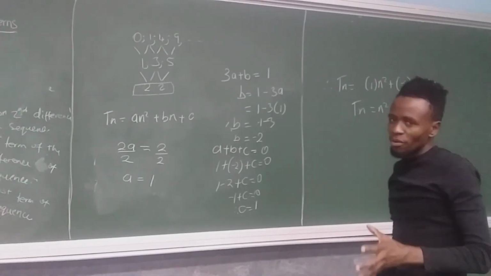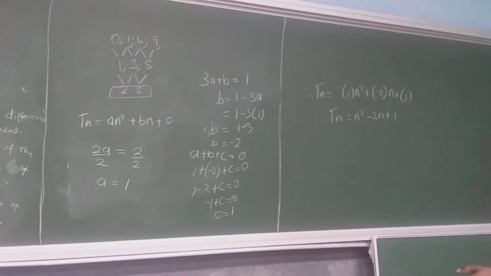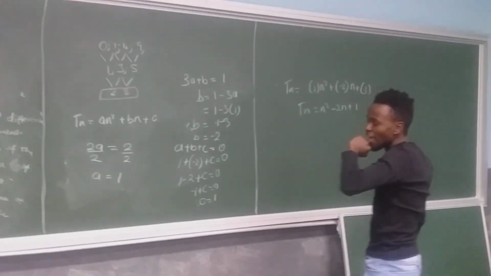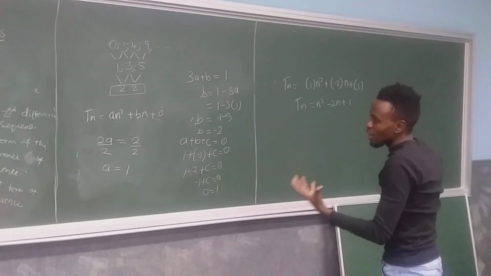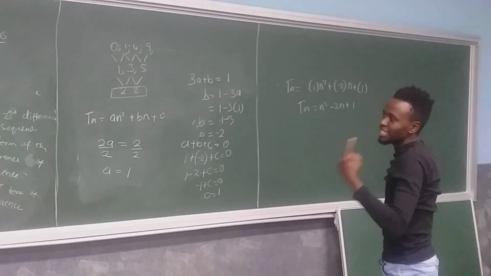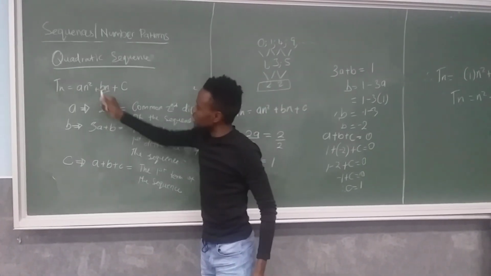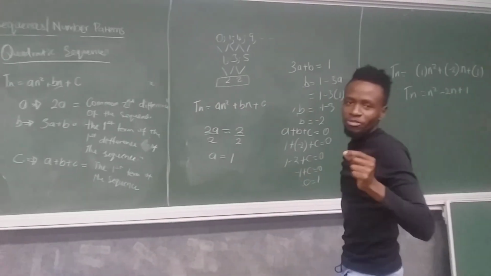So I have done with you a question about a term number. A question can come and say, calculate for us term number 7. I've told you that this n represents the number of terms.